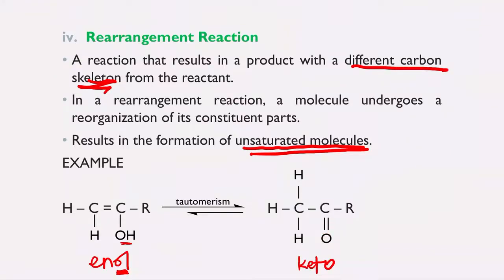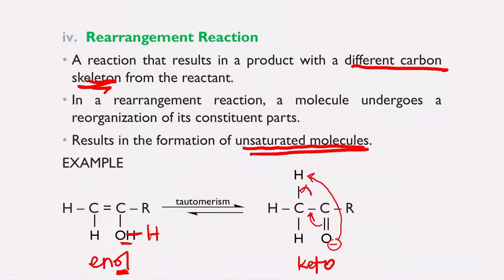So macam mana dia punya arrow boleh agak tak? Let's say kalau saya expand ni. Okay, how does it look like? It actually looks like this. Okay lah, daripada keto ni dari sini kan, this one masuk sini, and then this one will be captured by this one, negative charge akan capture hydrogen.